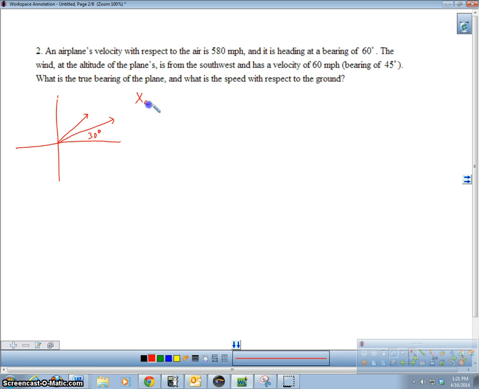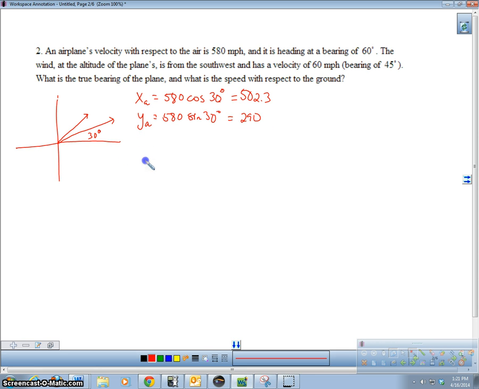The x for the airplane is 580 times the cosine of 30 degrees, and my y for the airplane is 580 times the sine of 30 degrees. That's going to give me 502.3 and 290.